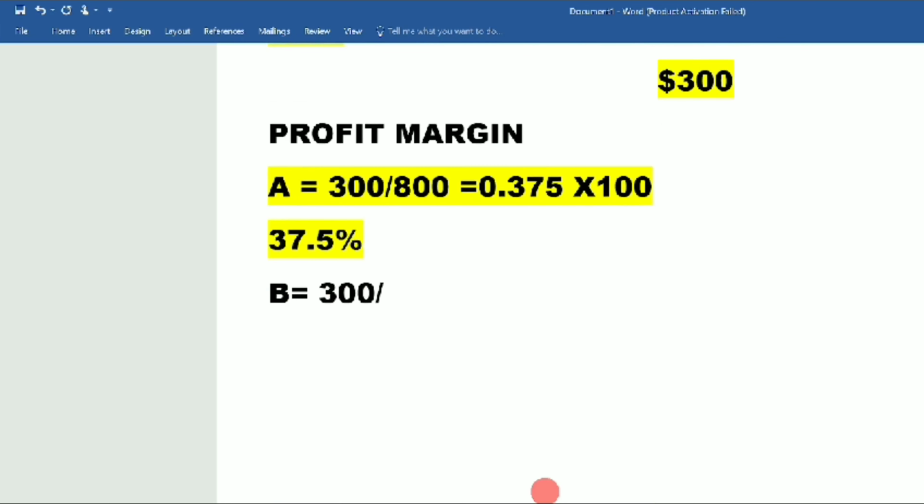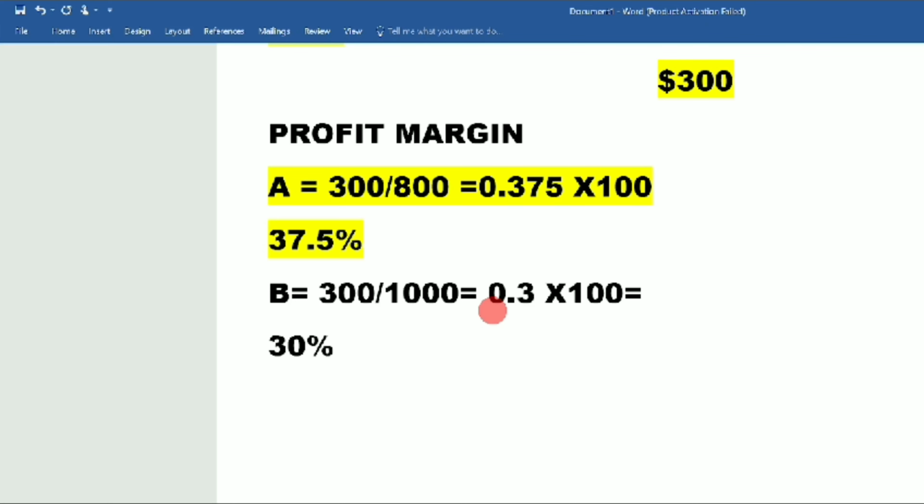So 300 divided by 1,000 will give us 0.3. Just as we did earlier, we multiply by 100 to change it to percentage. So 0.3 multiplied by 100 gives us 30%.